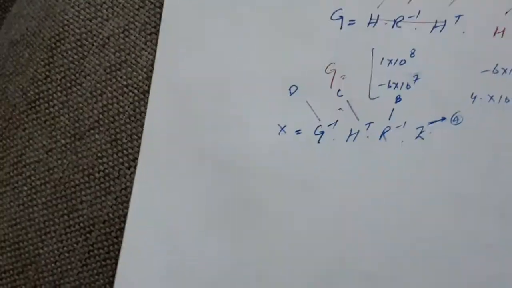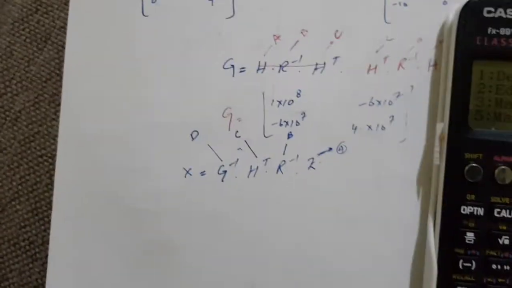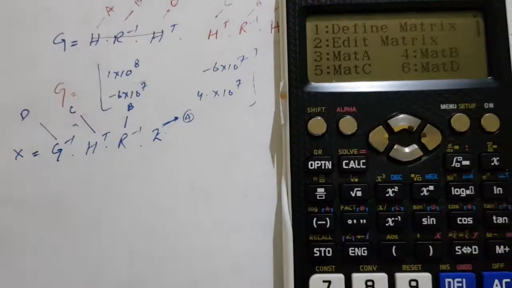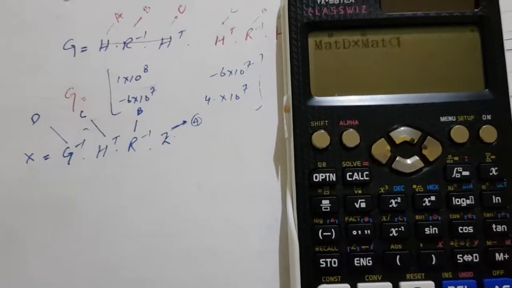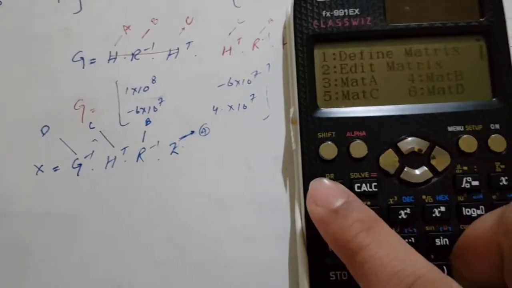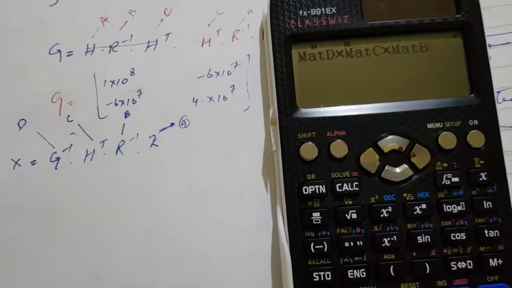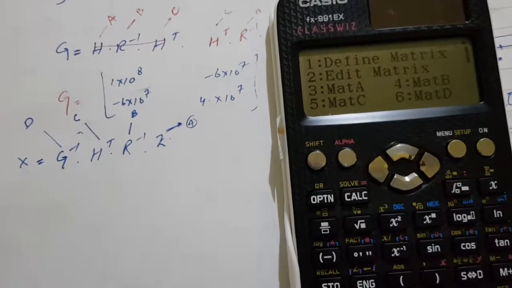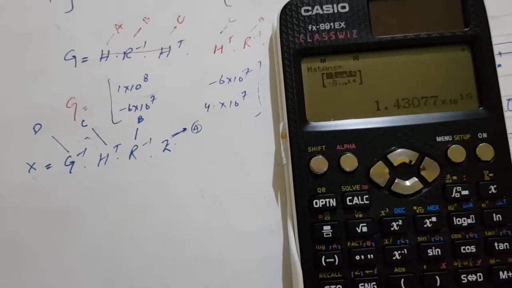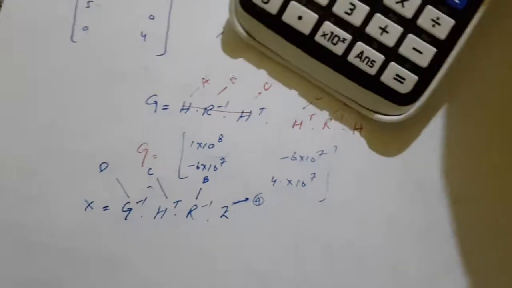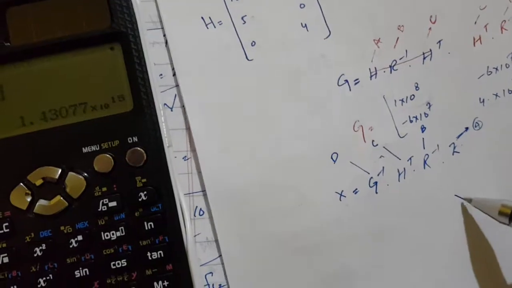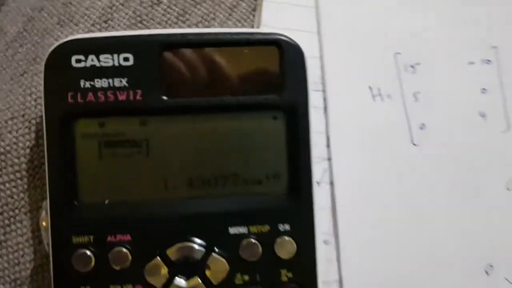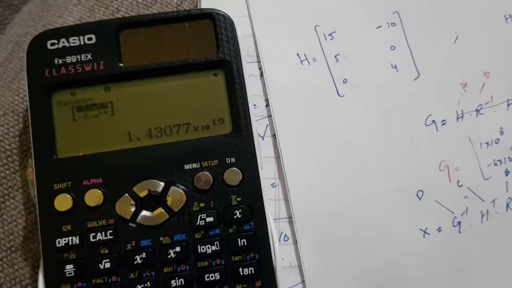So option first is matrix D multiply then C, then B, and at last matrix A. So I will get the values as x is equal to 1.